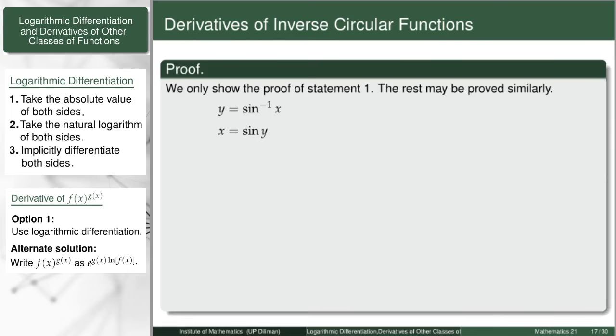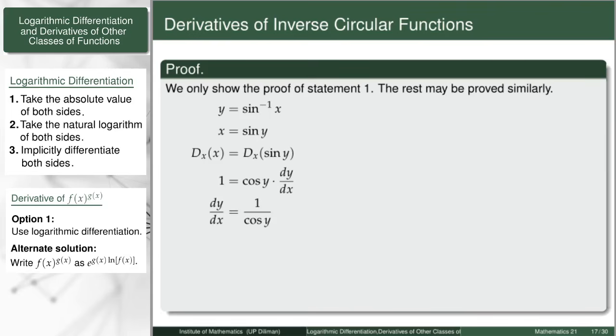Namely, if I differentiate both sides implicitly with respect to x, I'll have 1, which is the derivative of the left hand side, equal to the derivative of the right hand side, which is just cosine y, of course multiplied by dy over dx, thus giving me that dy over dx is equal to 1 over cosine y.